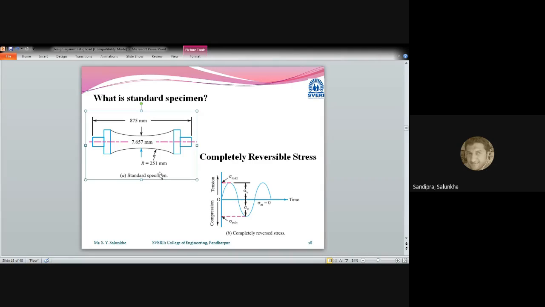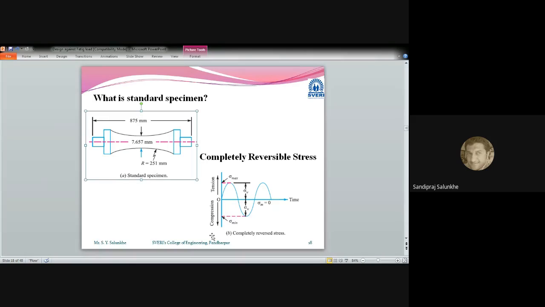Then this quantity called endurance limit plays a very vital role, and we can use the value which we get from this standard component and standard experiment. So this standard component should have the same dimensions as I have mentioned, and it should undergo completely reversed cycles of stress.